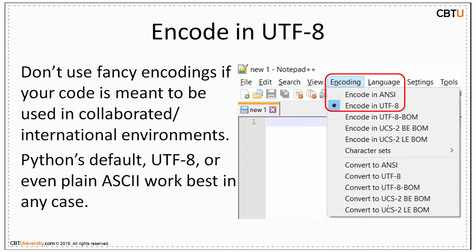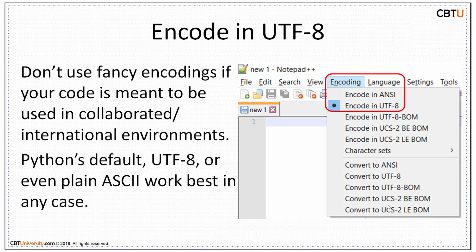Code in the core Python distribution should always use UTF-8. In the standard library, non-default encoding should only be used for test purposes. Don't use fancy encoding if your code is meant to be used in collaborative international environments. Python's default is UTF-8.